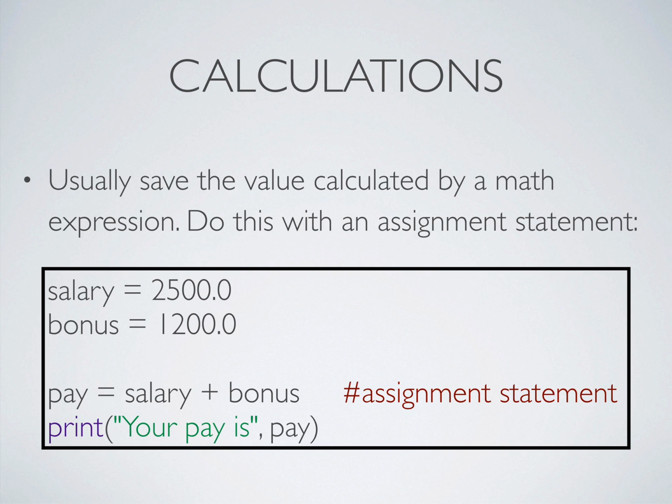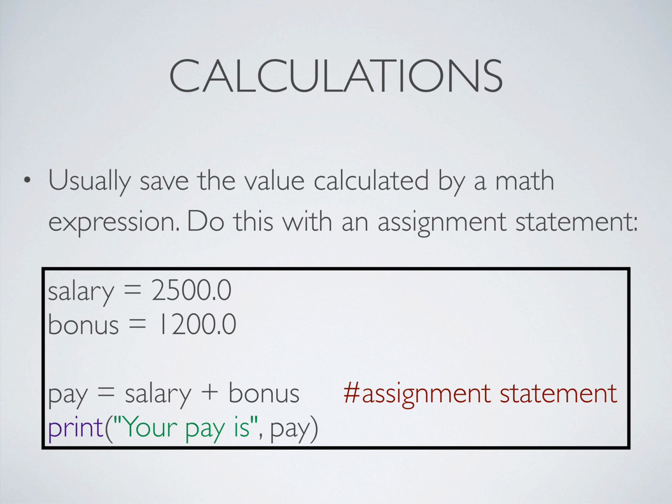And again, you can use these variables, which contain numerical types, as part of a math expression, such as salary plus bonus. Generally, if you do that, you're then going to want to store that result, so the result of that calculation, into a variable, right? Because that way you can use it later. To do that, you use our assignment statement that we've seen before. So again, with assignment statements, if there's any calculation to be done, that's done on the right-hand side.